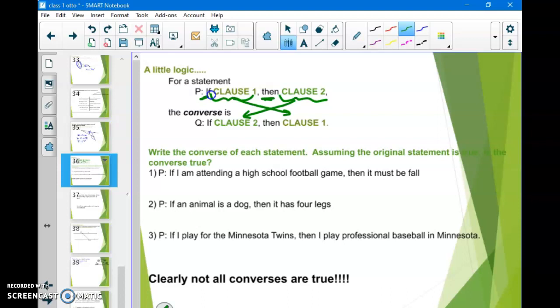So for instance, let's take a look at my first one. If my original statement is, if I am attending a high school football game, then it must be fall.